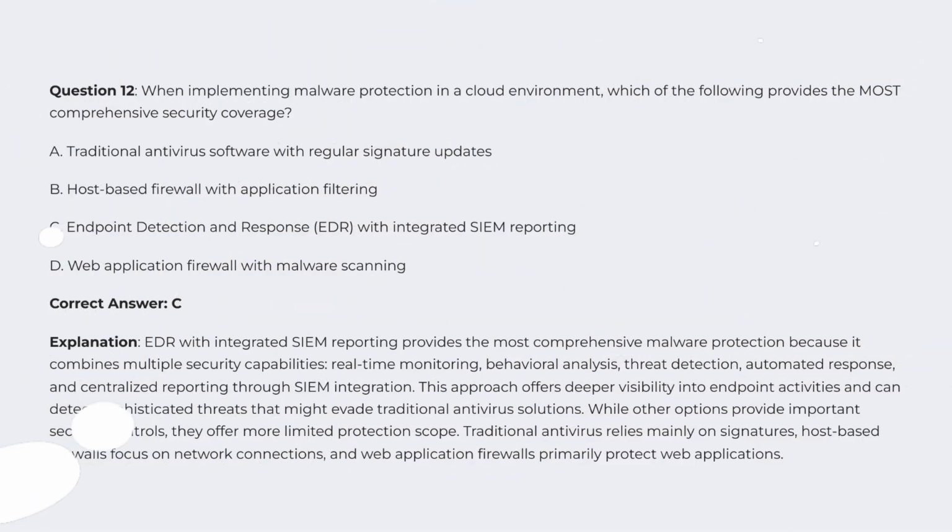Correct answer, C. Explanation. EDR with integrated SIEM reporting provides the most comprehensive malware protection because it combines multiple security capabilities: real-time monitoring, behavioral analysis, threat detection, automated response, and centralized reporting through SIEM integration.